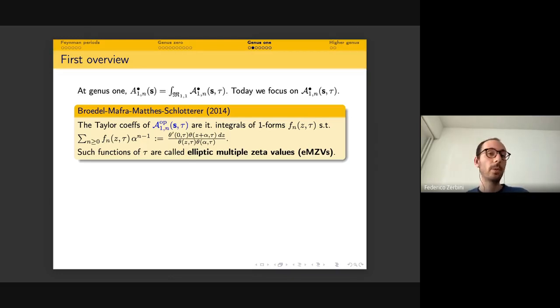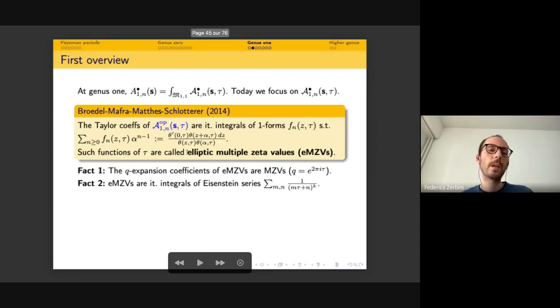So these elliptic multiple zeta values were introduced not long ago by Enriquez, I think in 2013. And we know many things about them, so we can consider the structure of open string amplitudes in genus 1 quite well understood. So one of the things we know, for instance, is that they have a q-expansion, so they're functions of tau, and if q is e to the 2 pi i tau, we can expand them at the cusp.